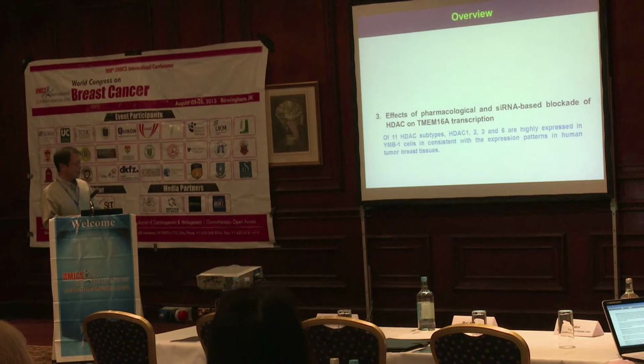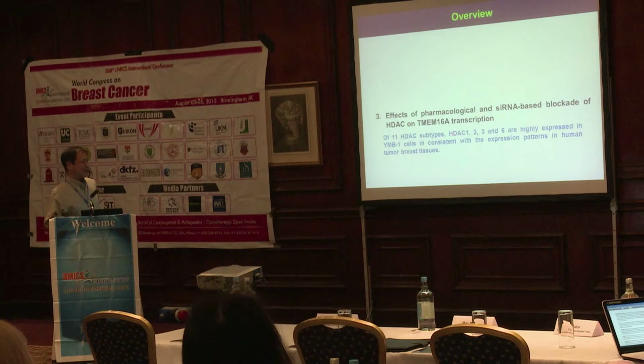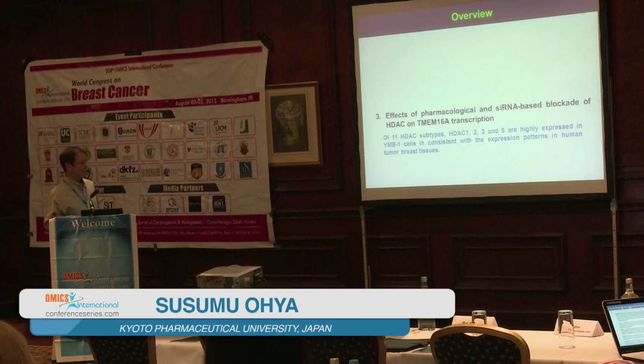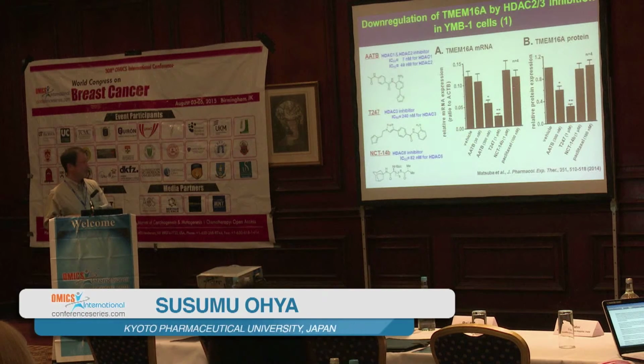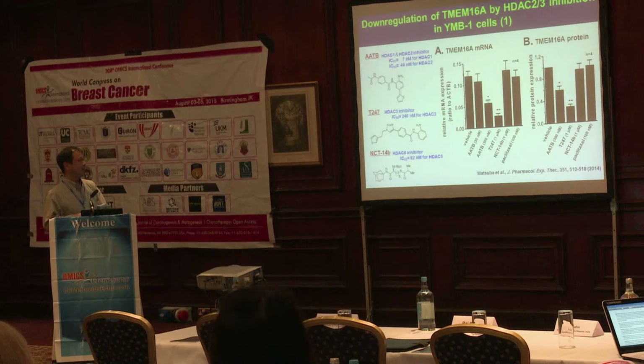Of 11 HDAC subtypes, HDAC 1, 2, 3, and 6 are highly expressed in YMB1 cells, consistent with the expression patterns in human breast tumor tissues. We used 3 different chemical compounds. AATB is selective for HDAC1 at a lower concentration, and for HDAC2 at a higher concentration.